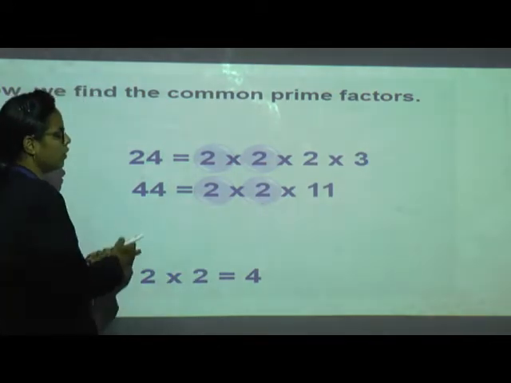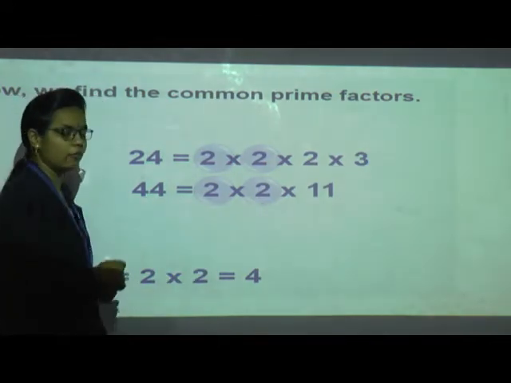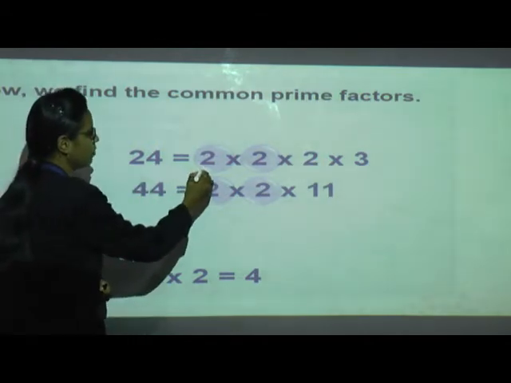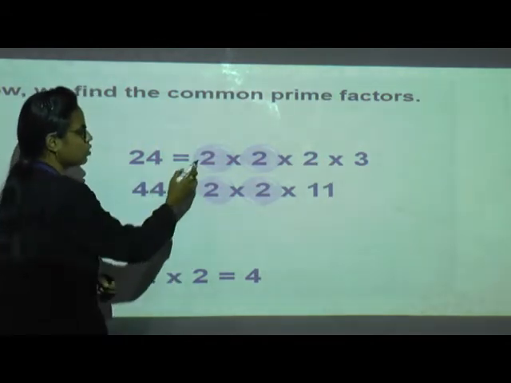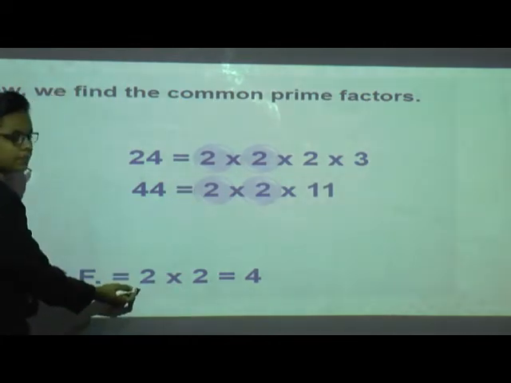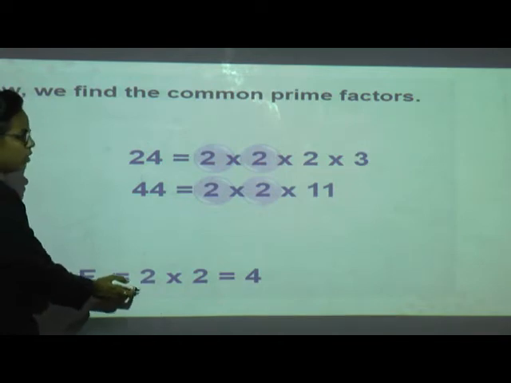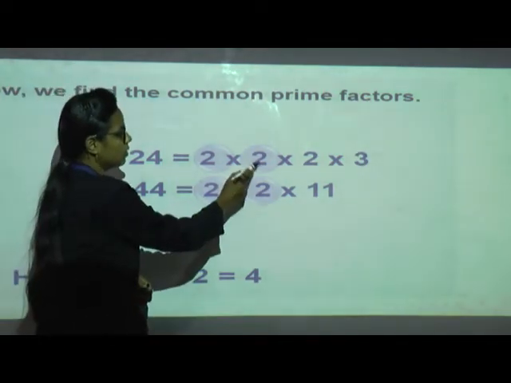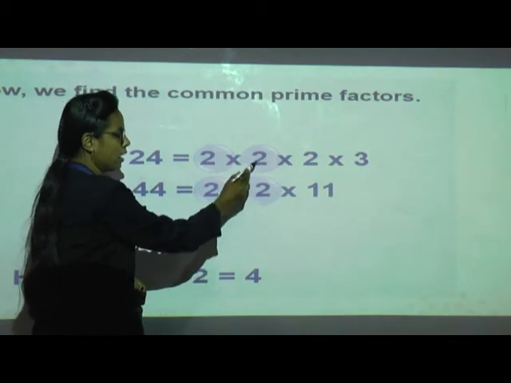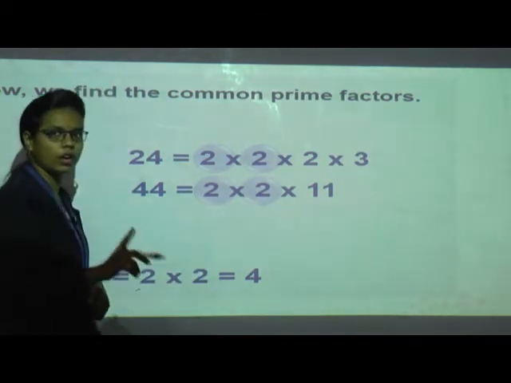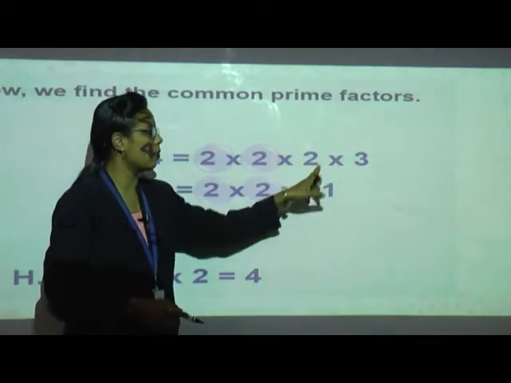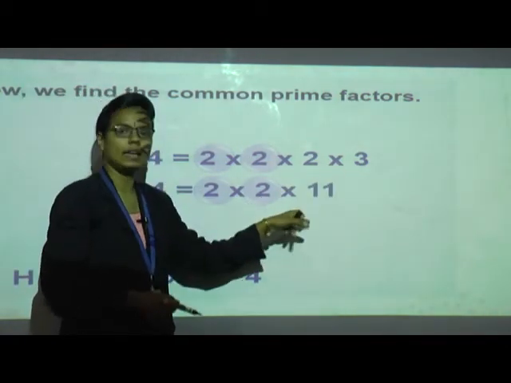Now we have to take the common ones. Among 24 and 44 we have this 2 as common. When these 2s are common, we will take only one 2. Again these 2s are common, and again we are going to take only one 2. Now as these are different, we don't have any common for 3 and 11.